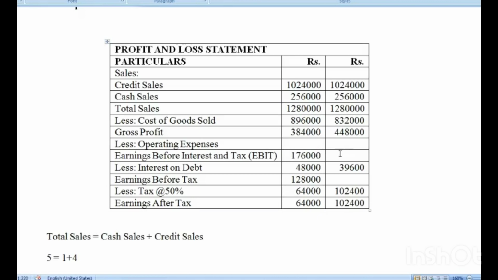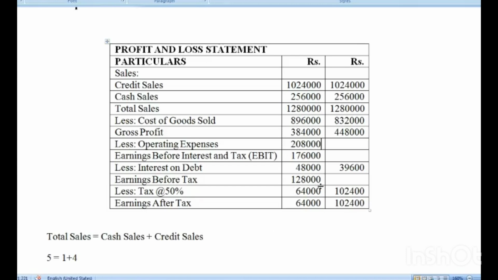Here it is 176 and this is 384. Then what are the operating expenses? 384 minus 176 is 2 lakh 8,000. Okay, got it everybody? This line is complete.